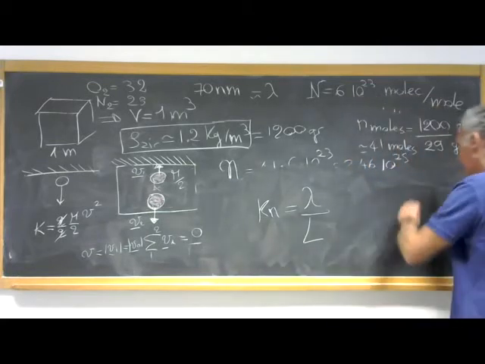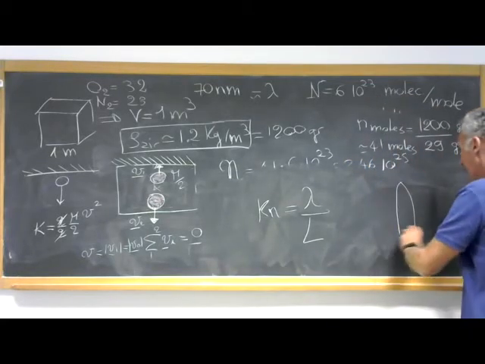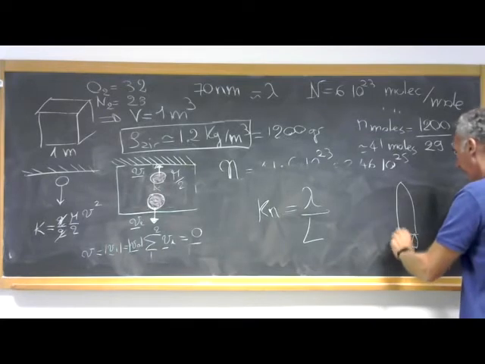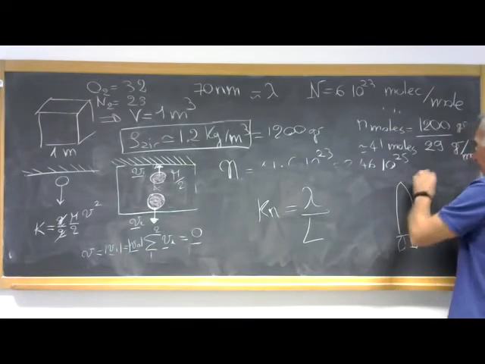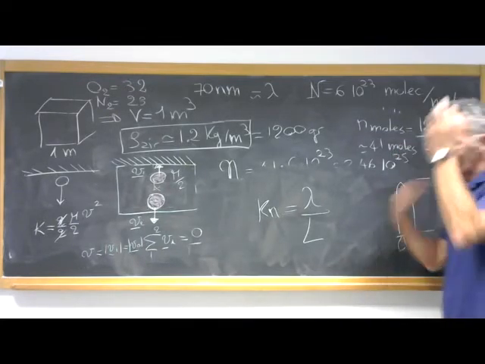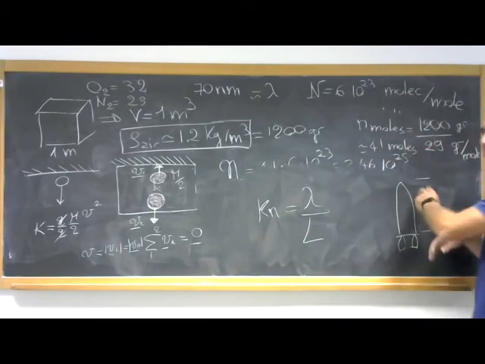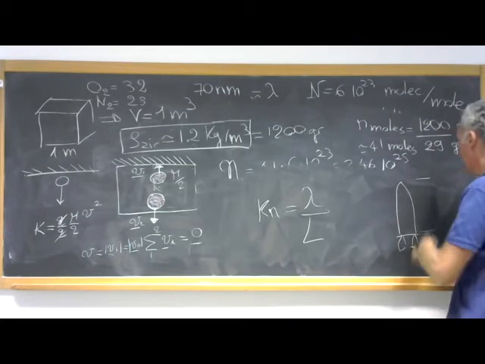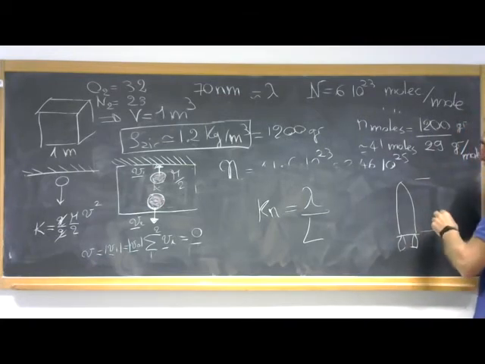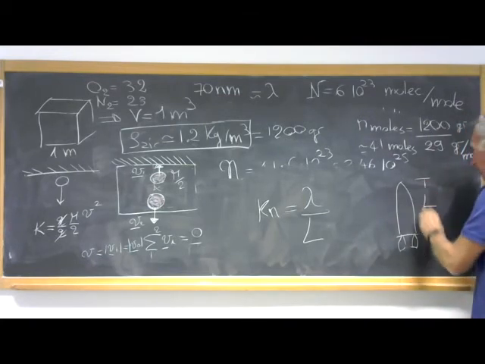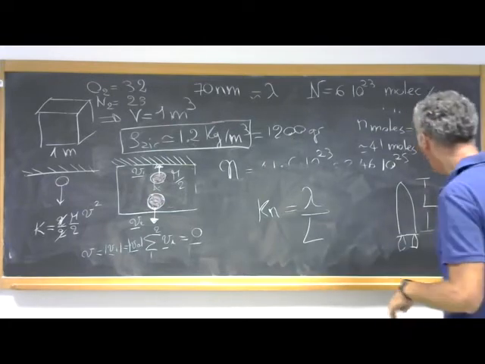So think of, just to fix the ideas, a rocket. A rocket has a length that can be, say, tens of meters. It could be 20 meters or as big as more than 100 meters for the Saturn V or the Apollo missions.